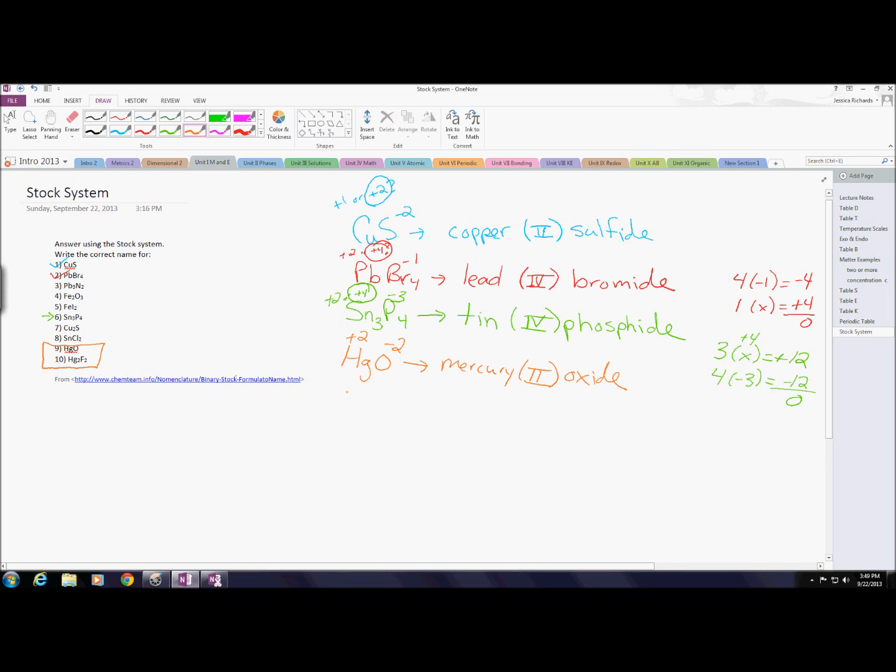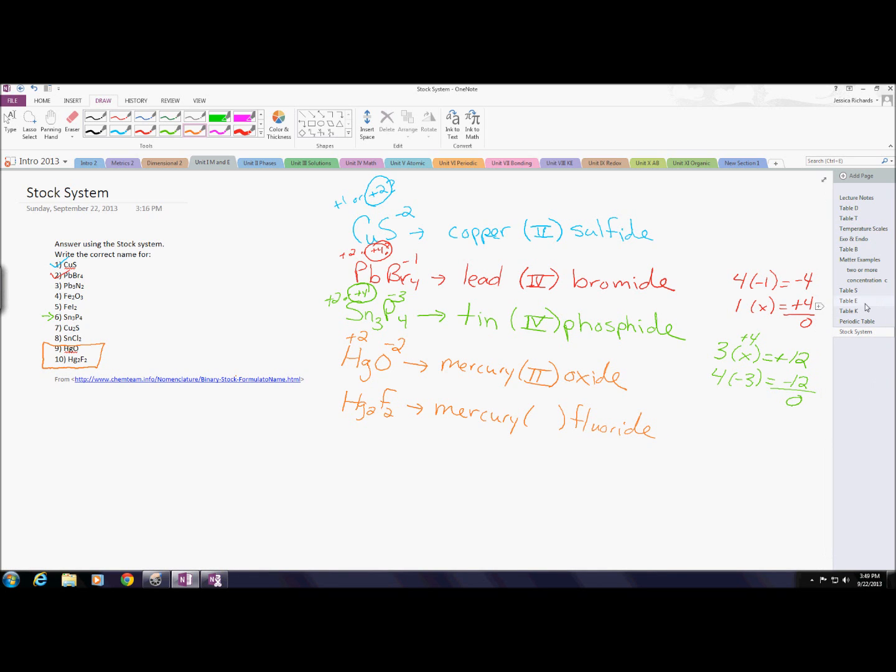That last one, Hg2F2. Whenever you see mercury as Hg2, be very wary of it. So fluorine is going to become fluoride.